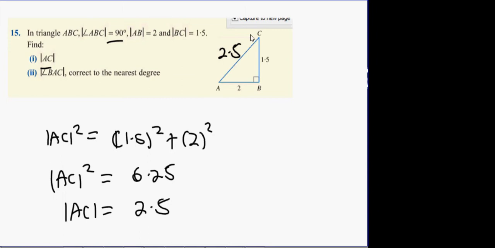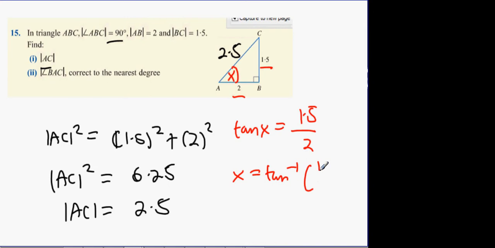Find the angle BAC. Now, what I always tend to do is use the sides I started off with originally. The reason being is, if I made a mistake on the 2.5, at least my next answer won't be affected. So what I'll do here is this. BAC is this angle here. I'll call it X. Tan X equals opposite, which is 1.5, divided by adjacent, which is 2. Then X, therefore, is tan inverse of 1.5 over 2.